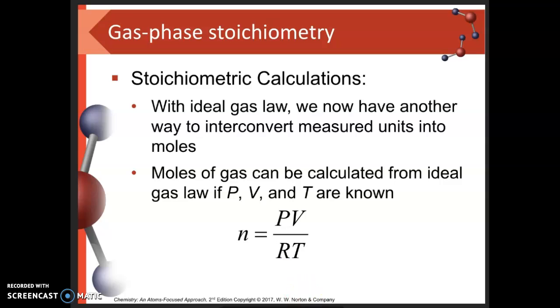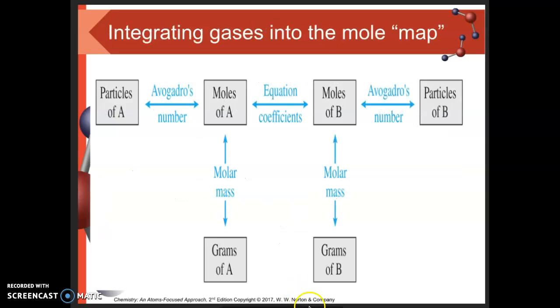And so you may recall this particular diagram from back in chapter 7, and we've added pieces to this along the way. We're going to add another piece to it right now, and that piece is, what if I know the volume of whatever substance A is in its gas phase?